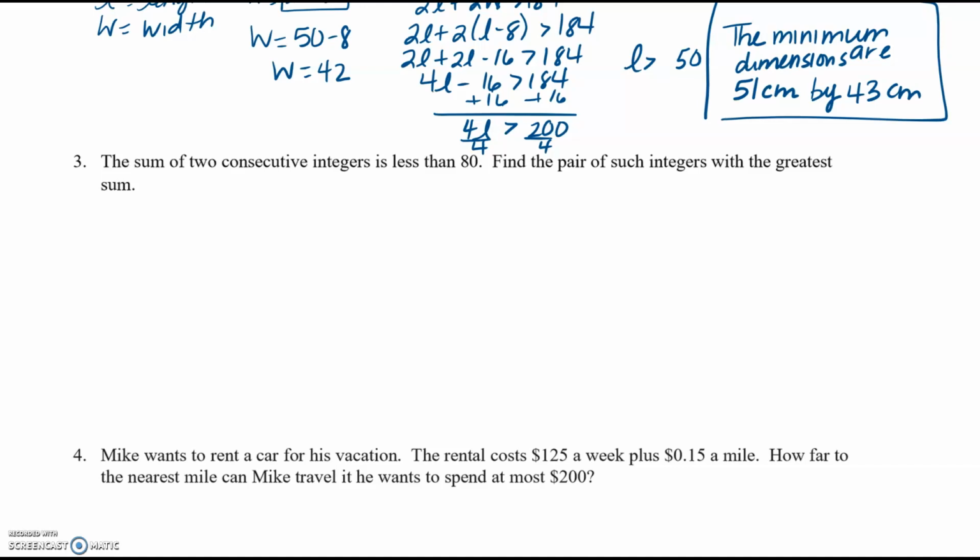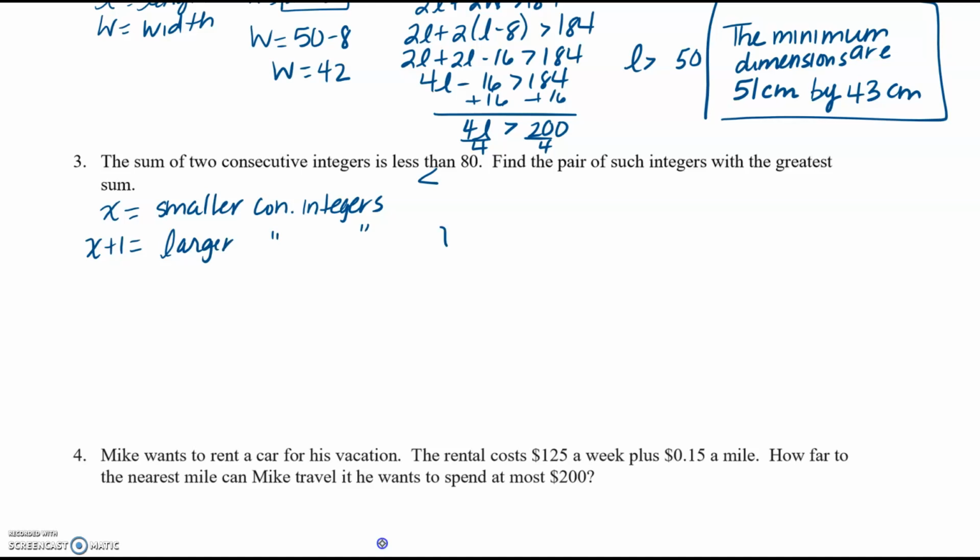The sum of two integers is less than 80. Find the pair of such integers with the greatest sum. Okay, so I'm going to let x equal the smaller consecutive integer. And then I'm going to let x plus 1 equal the larger consecutive integer.